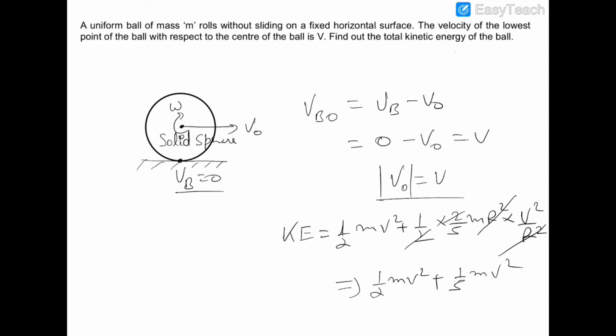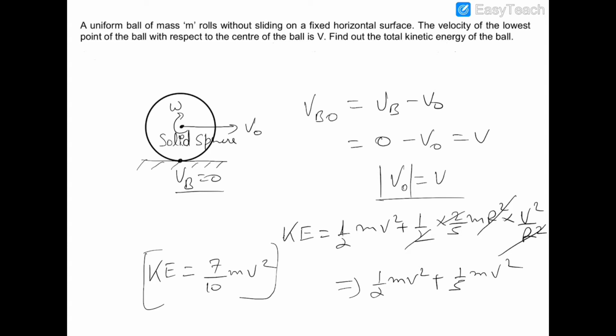So this is 7, in fact, this kinetic energy is 7 by 10 mv square. So the kinetic energy of this ball will be 7 by 10 mv square.